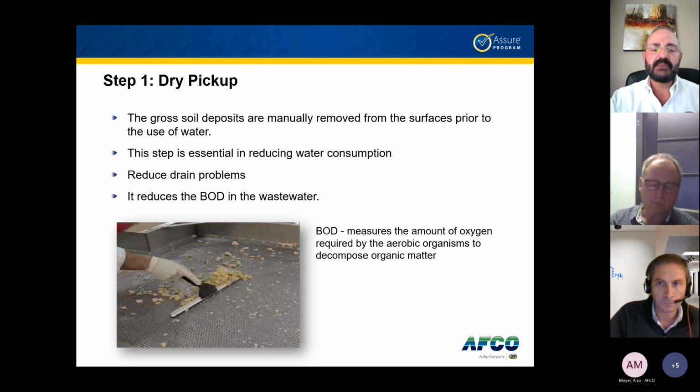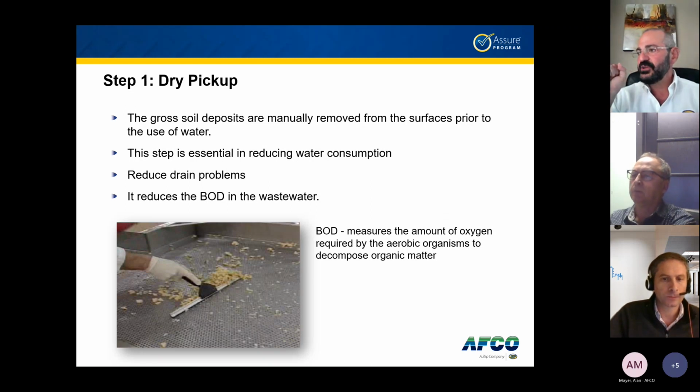This is an essential step to reduce water consumption, because if you have big pieces of meat or chicken or bread or whatever you are processing in your facility, and you chase them with the water hose piece by piece to the drain, you are going to have a lot of water consumption, and also a drain problem. So we remove all these big chunks of food from the surfaces into the trash can, right?